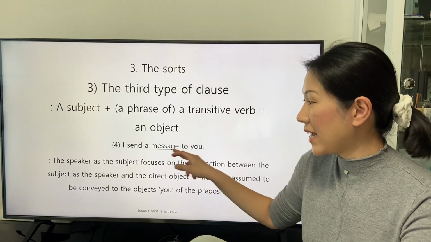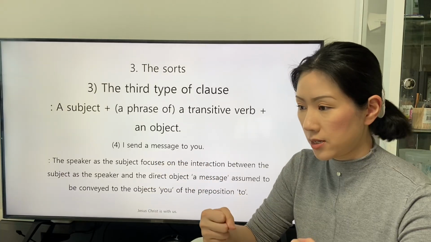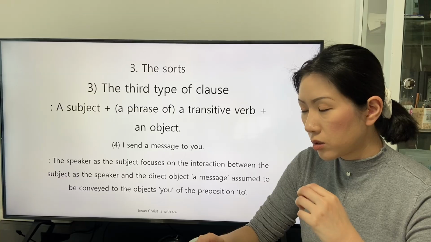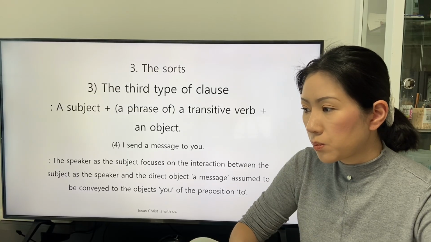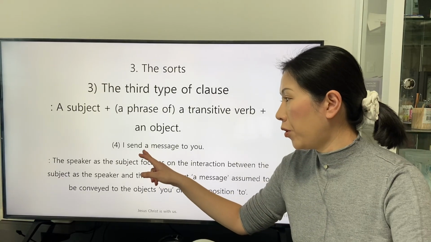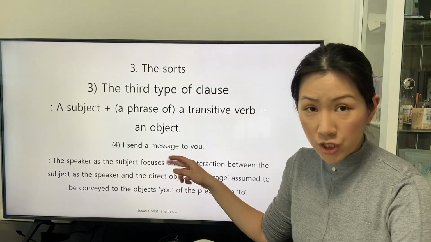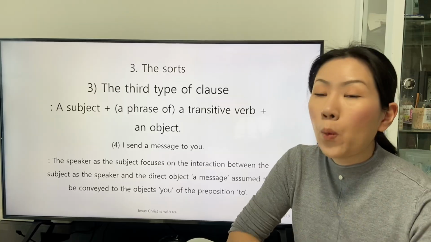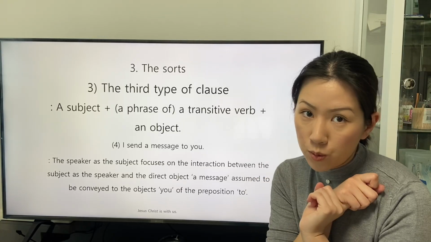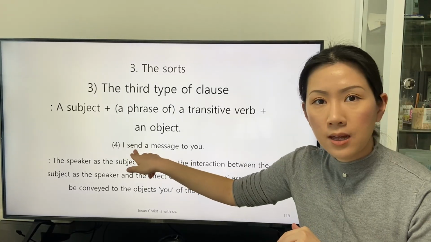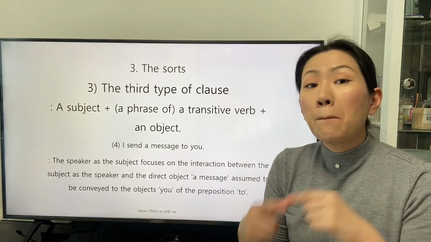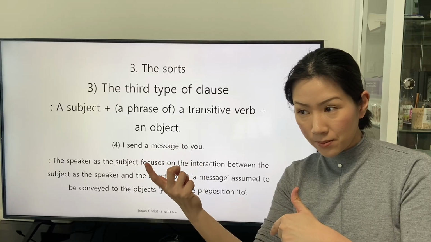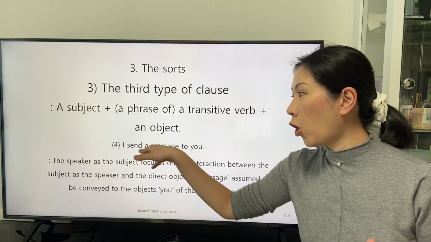The subject, a message, purposes the direct object of message exists at the present while having a purpose at the present, and the purpose is meant to be actualized later than the present.